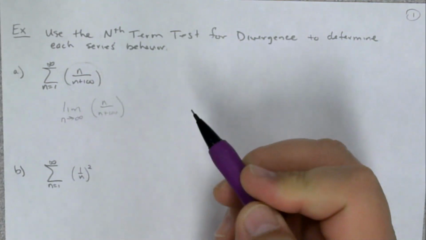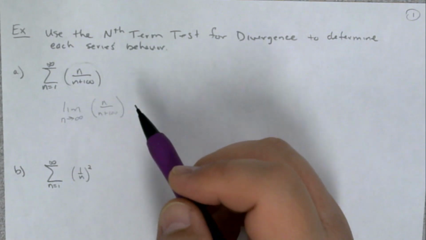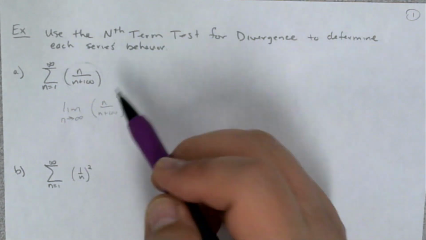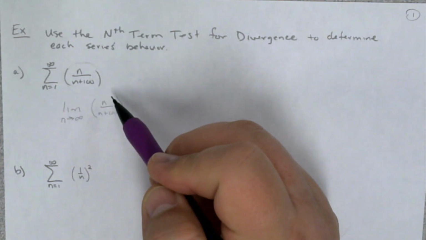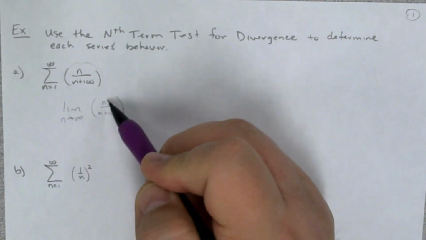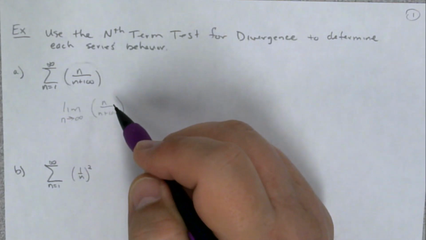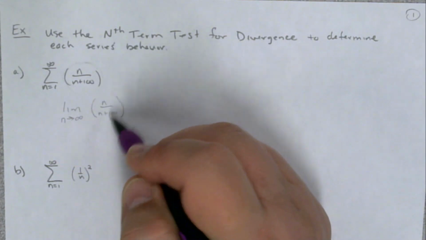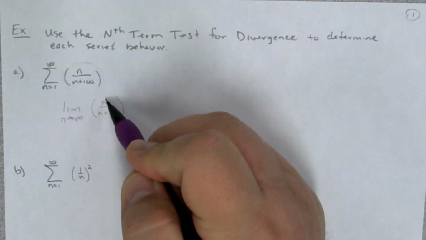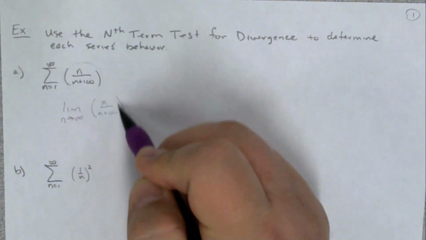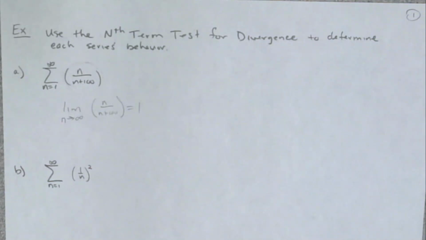What happens here? Well, you can use many different ways to determine this. L'Hopital's rule, or you can use pre-calculus days, the numerator and denominator of the same degree. You can use the highest degree, top and bottom. And you can see here that at infinity, this just becomes 1. Okay?